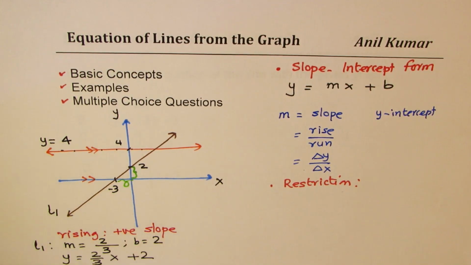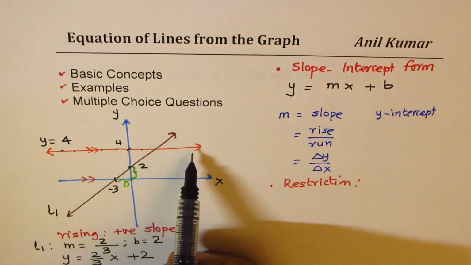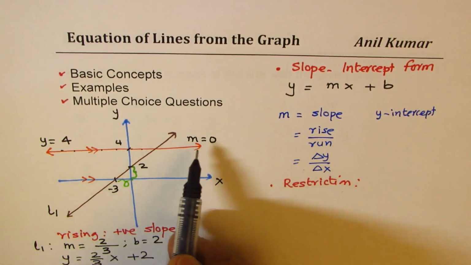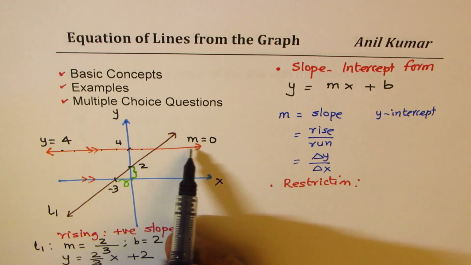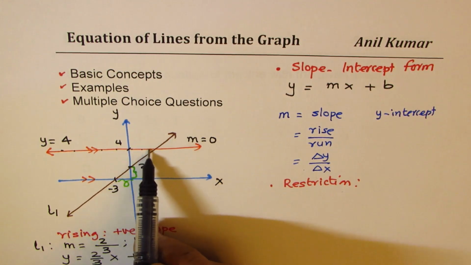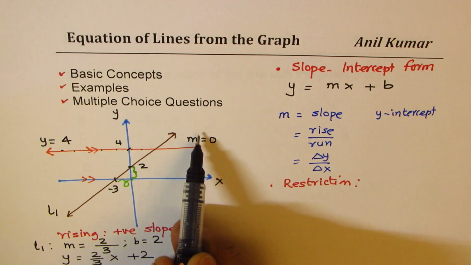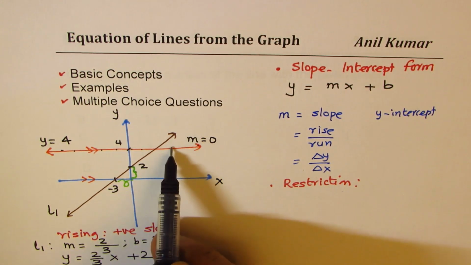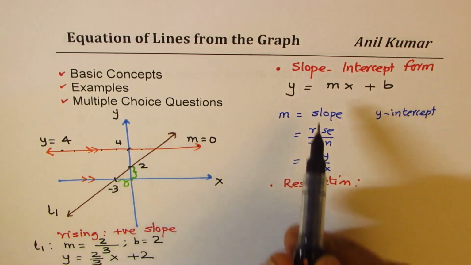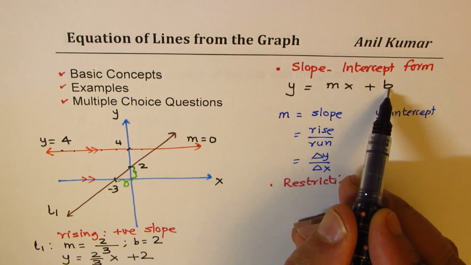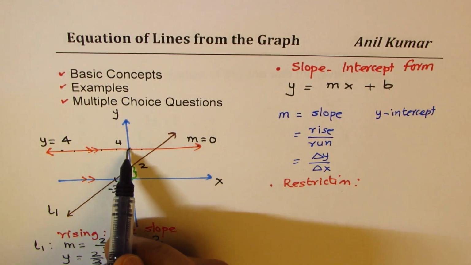Why is it so? Well, horizontal line means slope is 0. So rise is 0, right? It doesn't rise. Do you see that? It is just horizontal. It only runs along the x-axis. 0 rise. So 0 over anything is 0, therefore slope is 0. If I put m as 0, I get y equals b. B is the y-intercept. Y-intercept is 4.